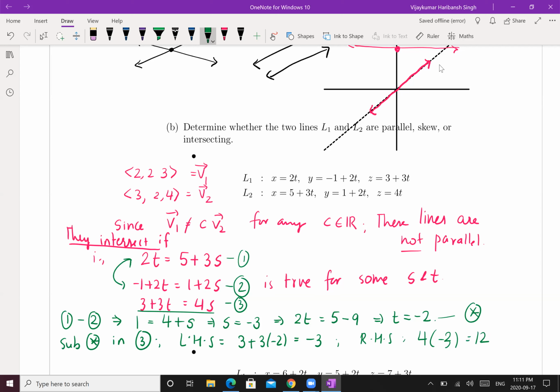So LHS is not equal to RHS. This implies these lines do not intersect.